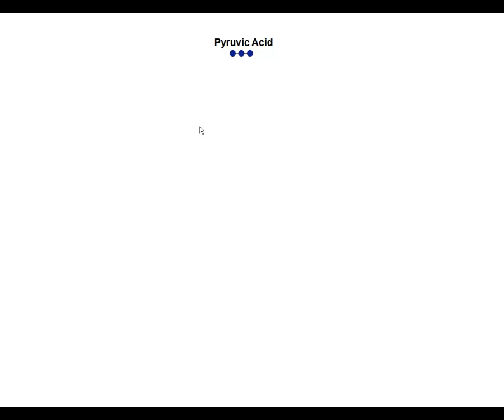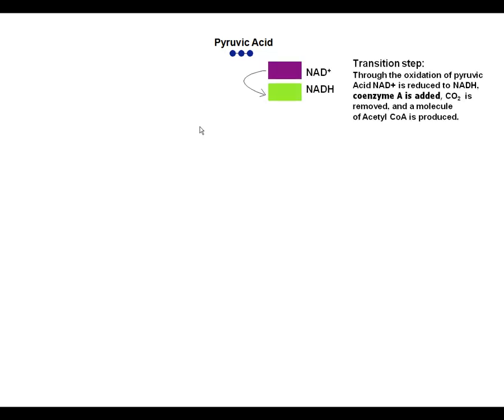And what we have to do here is we are going to now oxidize pyruvic acid, meaning we're going to take away a hydrogen, and we are going to reduce NAD, which is our coenzyme, to NADH. When we do this, we are also going to add another molecule called coenzyme A. Coenzyme A is going to initiate the chemical reaction that's going to take place to produce acetyl-CoA.